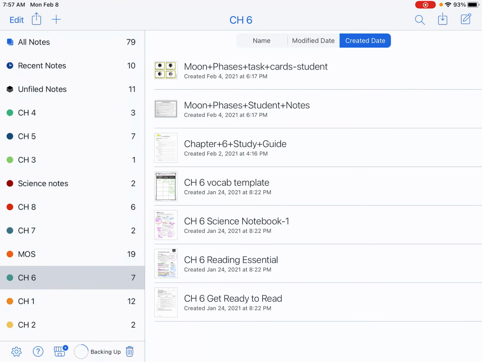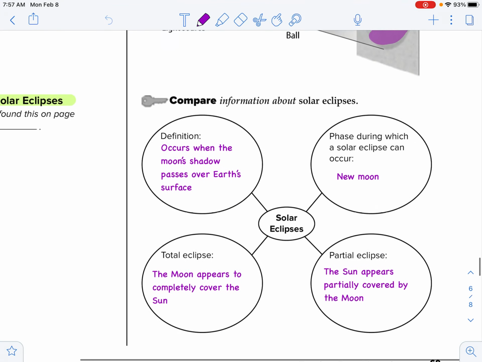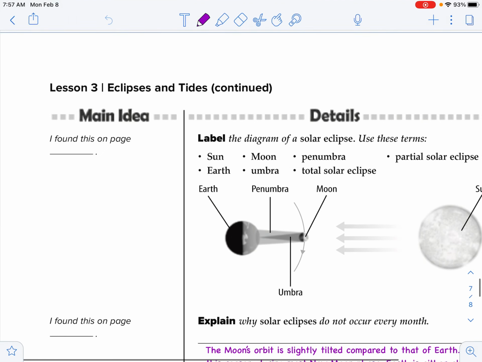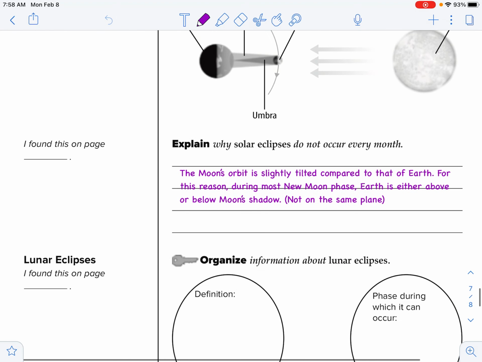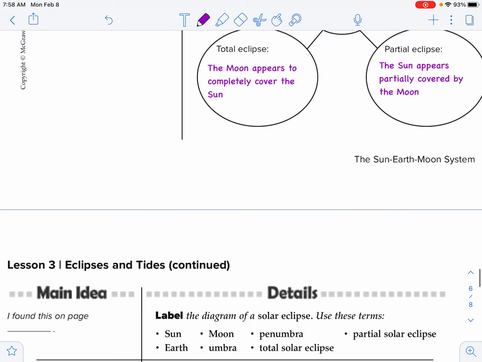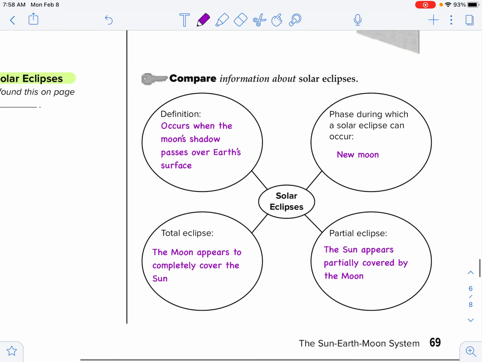Okay, let's go ahead and do our notebook. All right, so the solar eclipse. We are going to come down to right here. Lunar eclipse is next time, okay, guys? All right, so definition: occurs when the moon's shadow passes over Earth's surface. The moon phase would be a new moon.